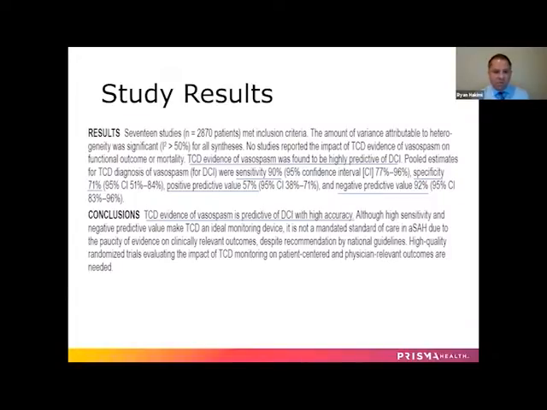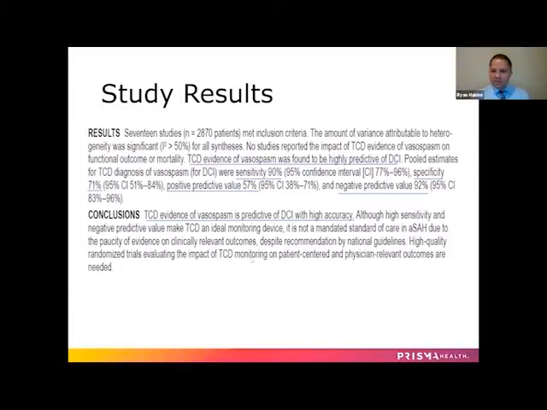Here I've highlighted some of the important aspects of it, namely the sensitivity, as we suggested, but also the positive predictive value of 57% and the negative predictive value of 92%. And that's exactly what we need for a screening test. A screening test should not tell us that the patient has a normal test and they have severe vasospasm.